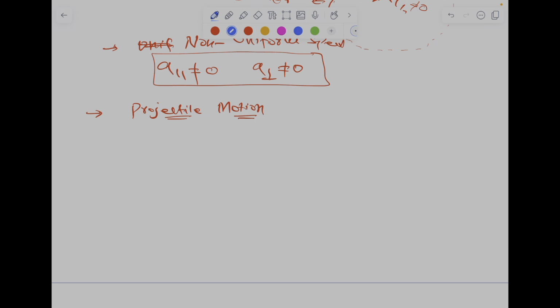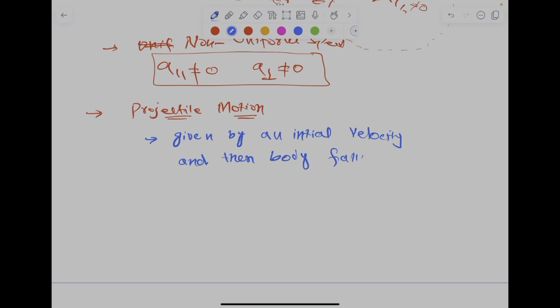The motion of a projectile is a motion which is given by some initial velocity, and then the body falls under the action of gravity.